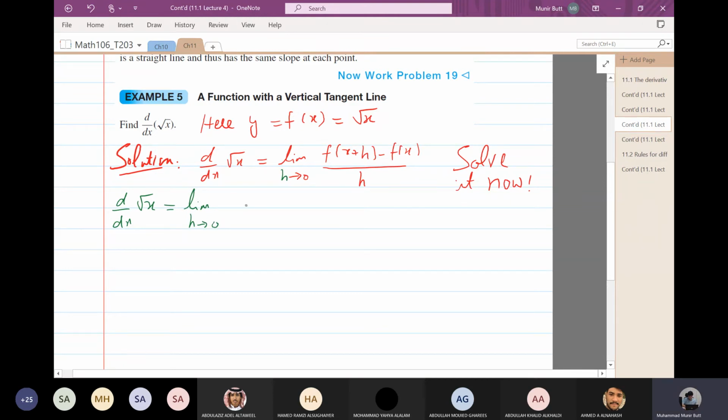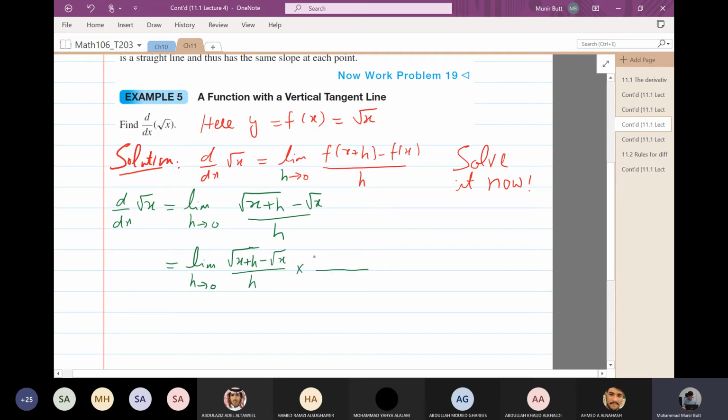So here we have radical x plus h minus this one. Agree? Yes. And now the only thing is that we have to rationalize, meaning multiply and divide by the opposite sign that we do in the limit questions.